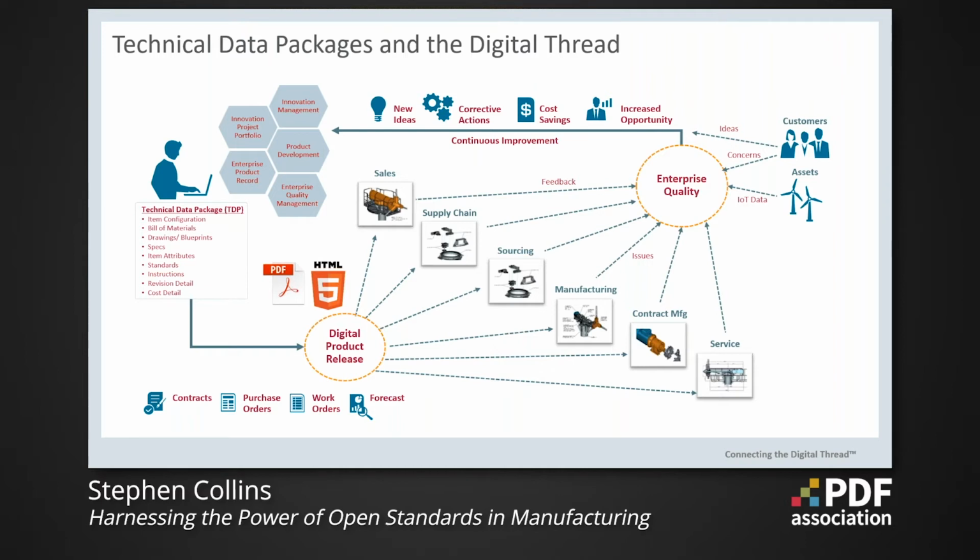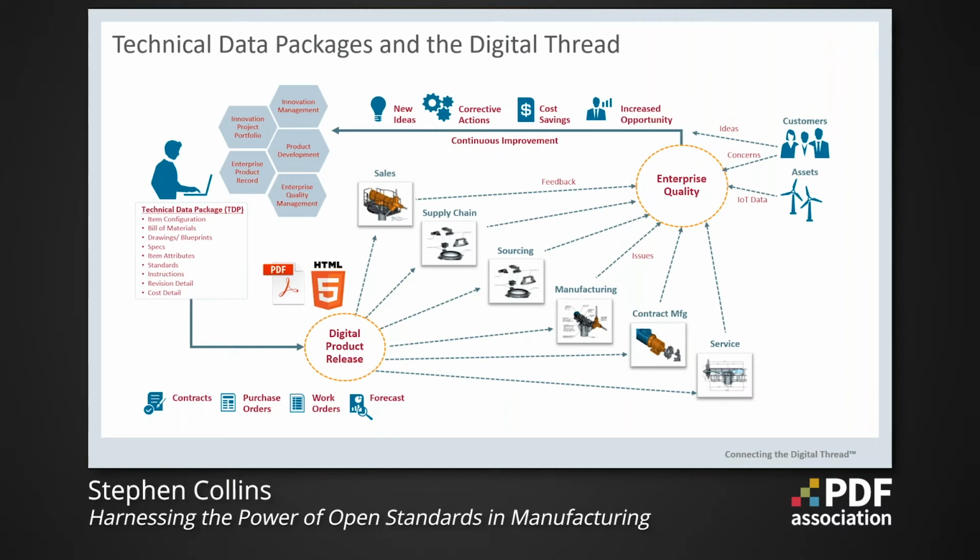And likewise, with the emergence of more advanced web technologies and standards such as HTML5, that same type of content can be delivered via browser-based access, and the two, both PDF and HTML5, can work harmoniously together to provide a complete spectrum of accessibility to technical content, fit-for-purpose technical content as needed, depending on the processes, policies, and technical infrastructure that an organization might be dealing with.